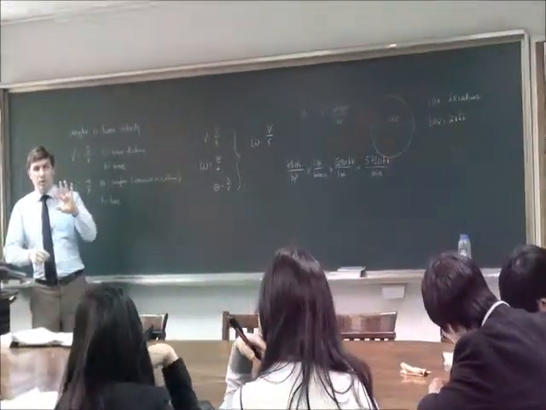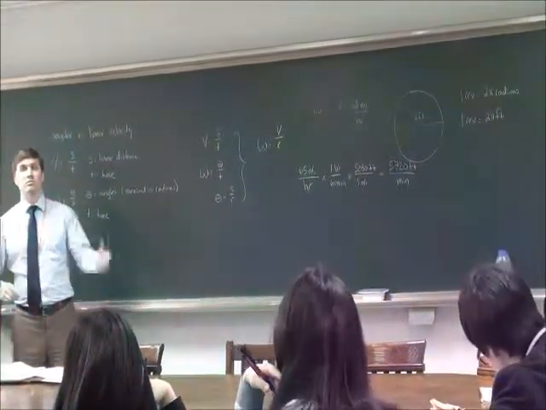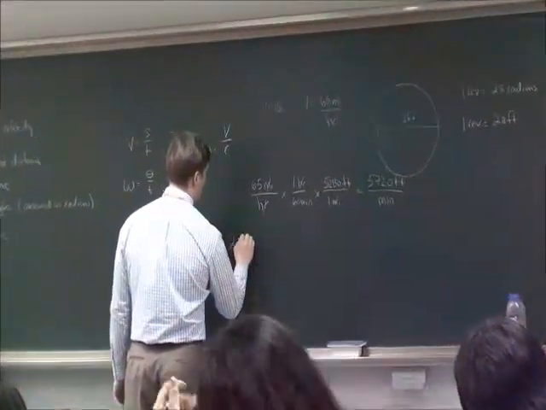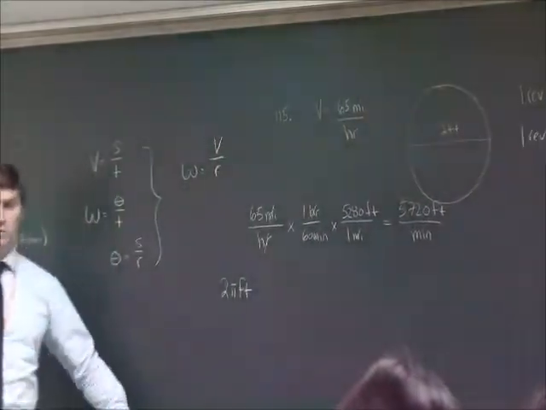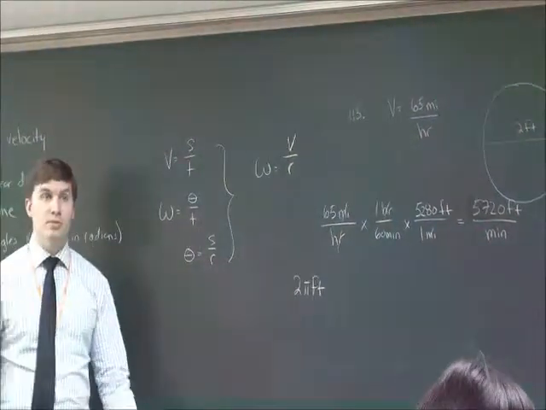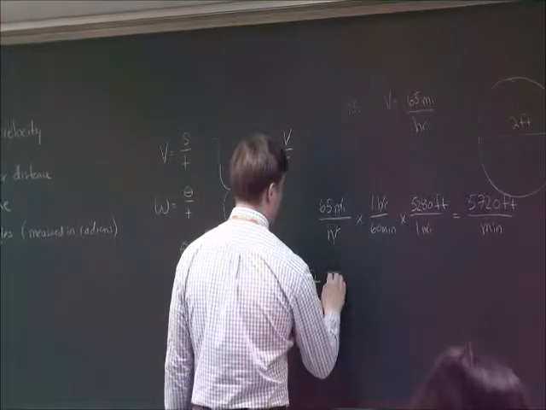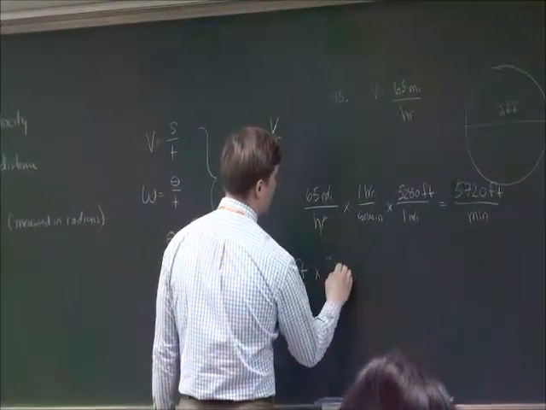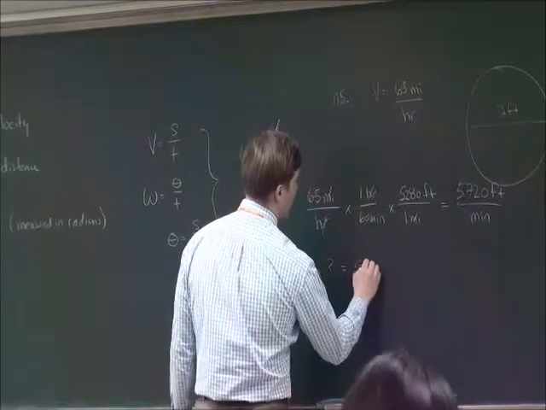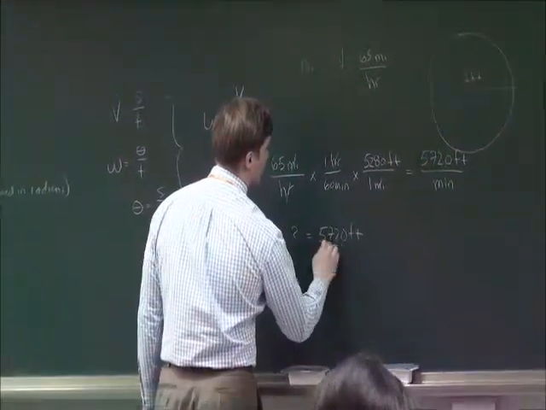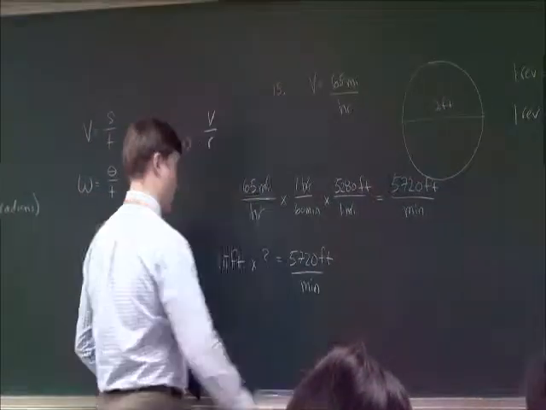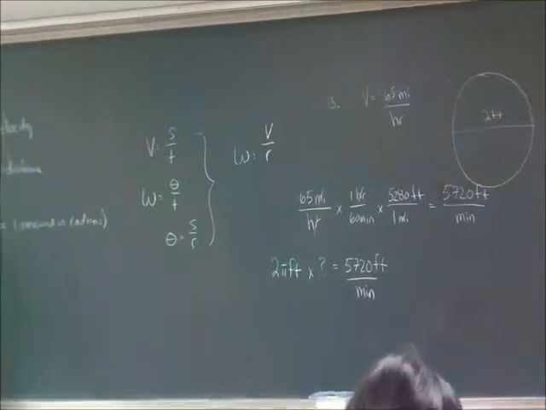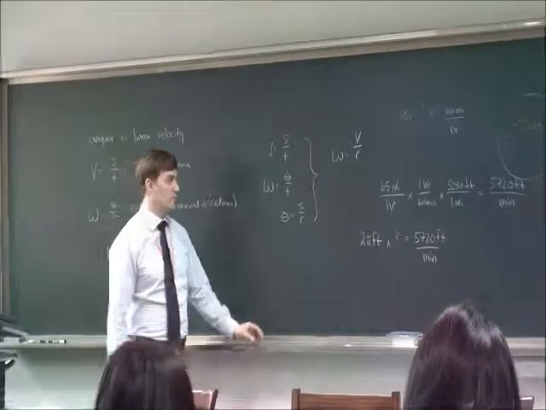Okay, one trip around the circle is how many feet? 2 pi feet times some value will give me 5,720 feet per minute. Some number of revolutions per minute.